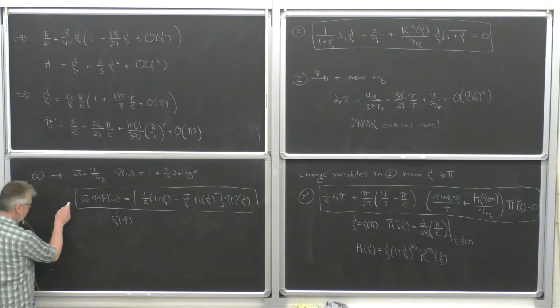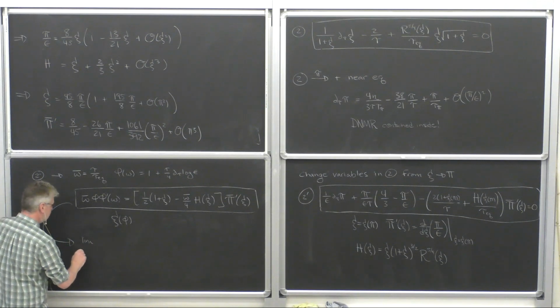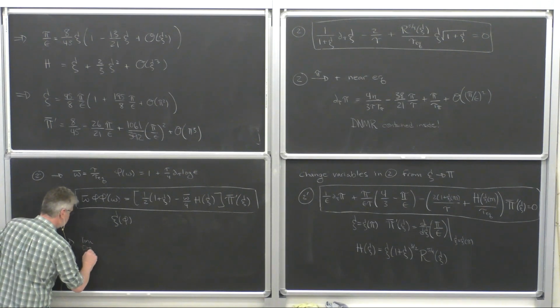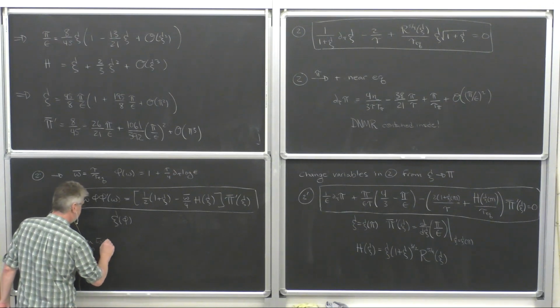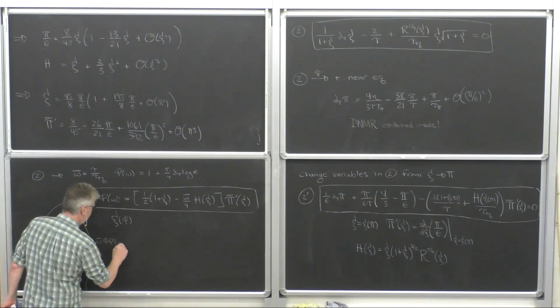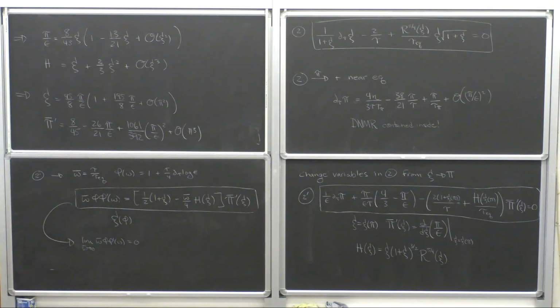Now remember, our way to find the boundary condition for the attractor equation was that we required that that term goes to 0 when omega bar goes to 0.